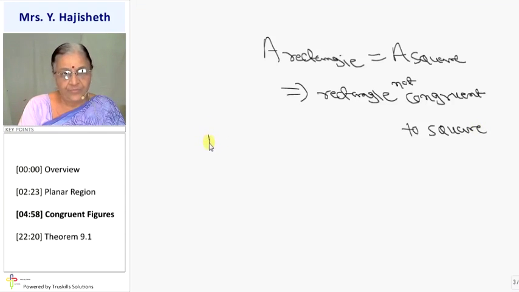This first is if areas are equal, then figures are not congruent.